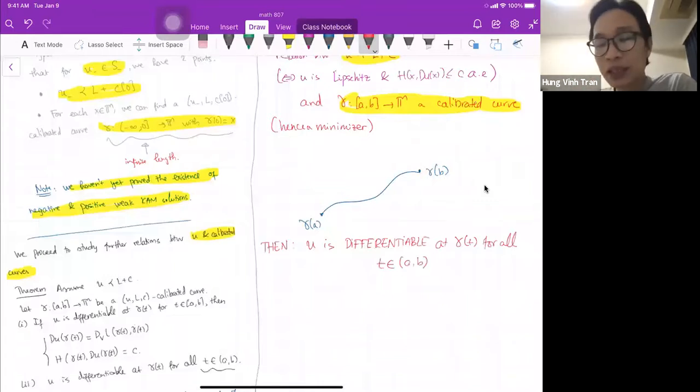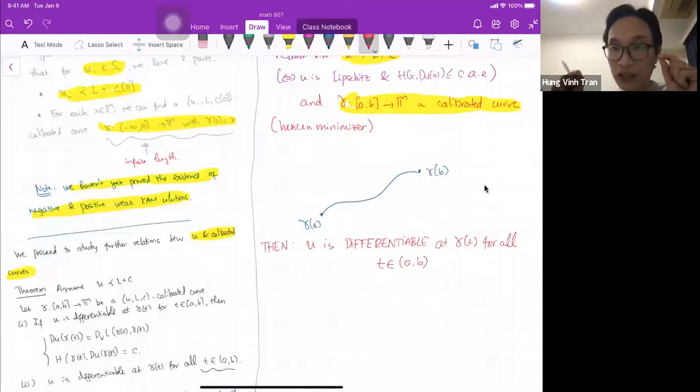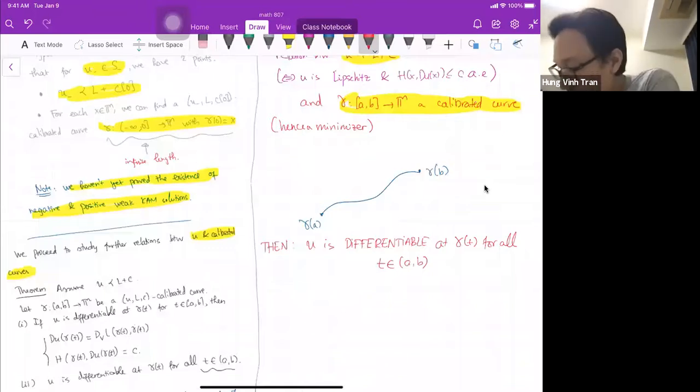I mean, we know that it's differentiable almost everywhere, but it can be not differentiable at a set of measure 0, and that set of measure 0 can be very complicated. However, this theorem says a very remarkable thing: if I also have a given calibrated curve with two endpoints, gamma a and gamma b, then our function is differentiable at every single point in between, okay? You take any point gamma t here, then you have that U is differentiable here.